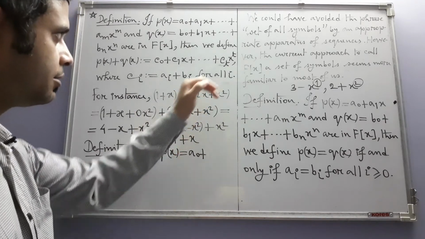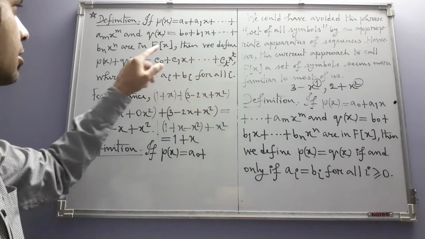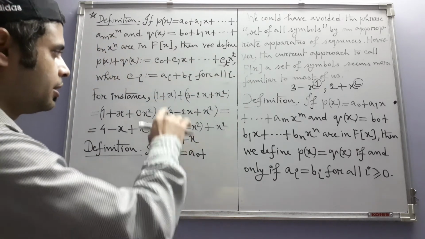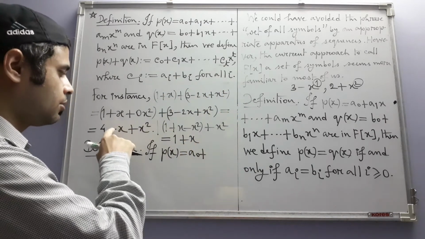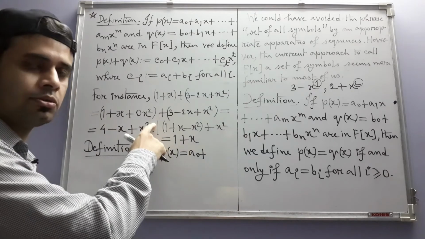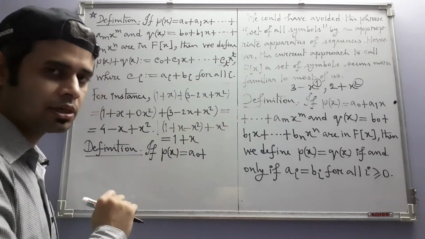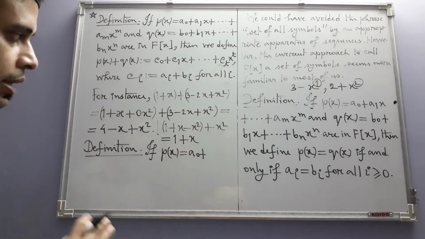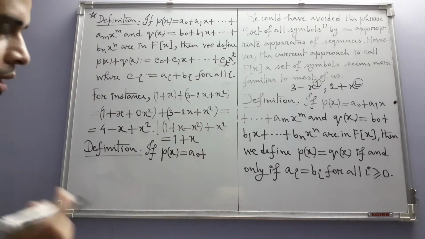The thing is that this t is less than or equal to the maximum of m and n. Here m is 1, n is 2, so the maximum is 2, and t also turns out to be 2. Here m and n are both equal to 2, so the maximum is 2, but t is less than 2. The general case is that t will be less than or equal to the maximum of m and n.